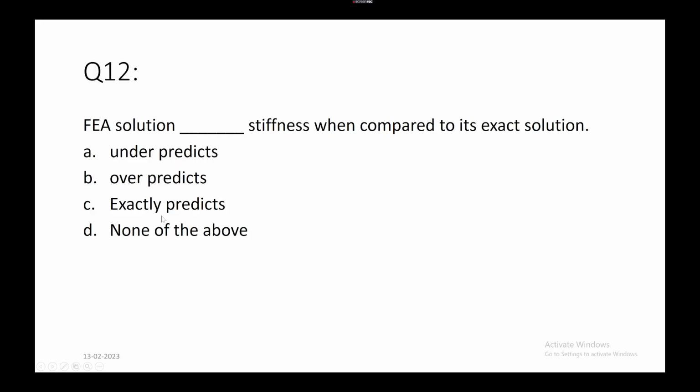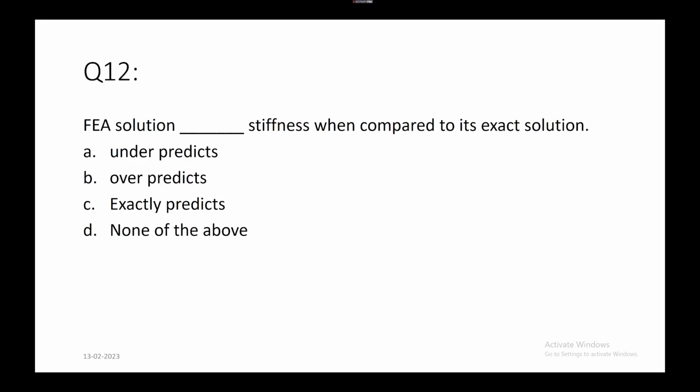Does it exactly predict? Or none of the above? Can anybody guess the answer? Any guesses?